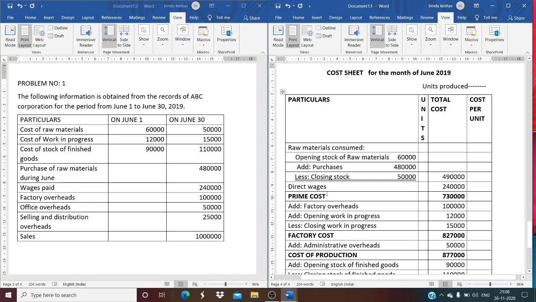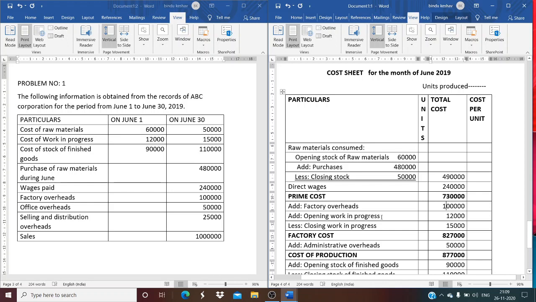To the prime cost, we have to add the factory overheads. Factory overheads refers to all the indirect material, indirect labor and indirect expenses incurred in the factory for the purpose of production, that is manufacturing. So factory overheads 1 lakh rupees. Add factory overheads rupees 1 lakh. Now we have to adjust the work in progress. Last month's work in progress which is remaining has to be added, which means add opening work in progress.